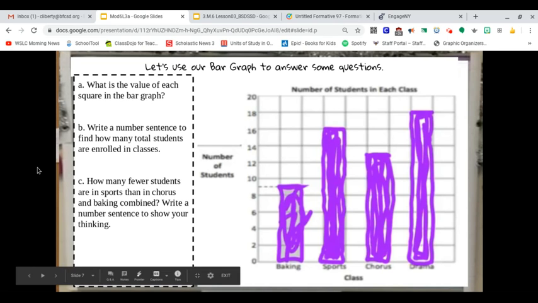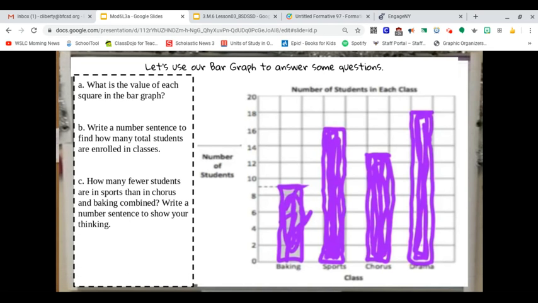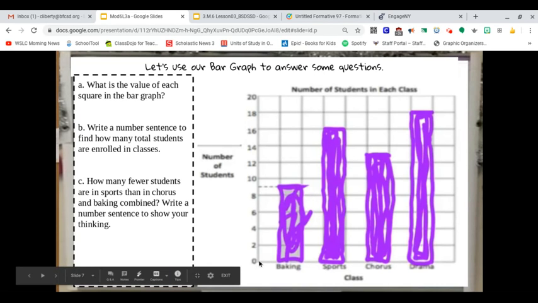Okay, what is the value of each square in the bar graph? Okay, so when we look at our bar graph, what is each square in the background worth? Okay, so if I look at my label for my vertical axis over here, I see 0, 2, 4, 6, 8.